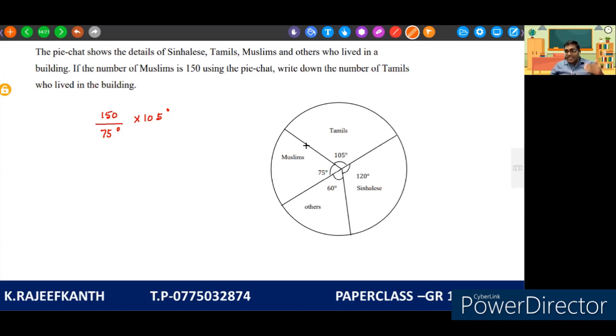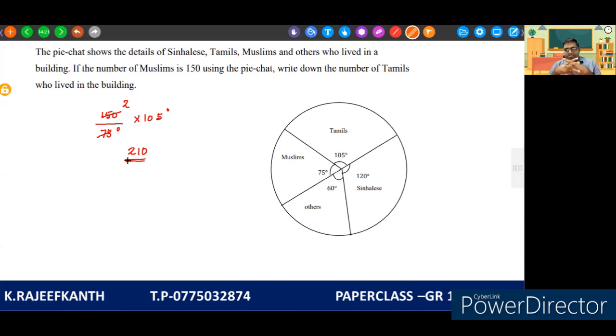So if 75 degrees is equal to 150, then what is the value for 105 degrees? Right? So here we can divide by 75, then 2. Then 2 times 105 is 210. Then the number of Tamils is equal to 210.